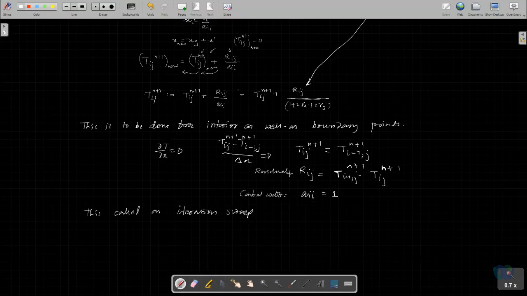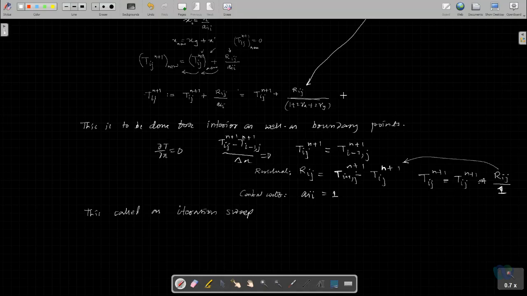Okay. Since we are using this equation, we need this Rij and Aii. So similarly, for this equation, the Tij n plus 1 will be equals to Tij n plus 1 plus this Rij divided by Aii, that is nothing but 1, and this Rij for boundary.